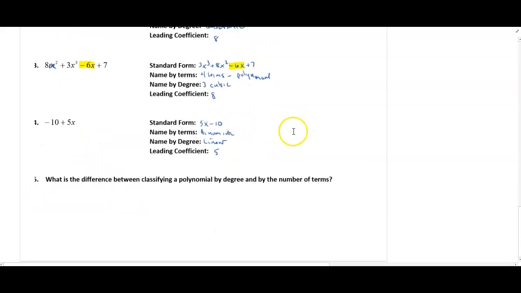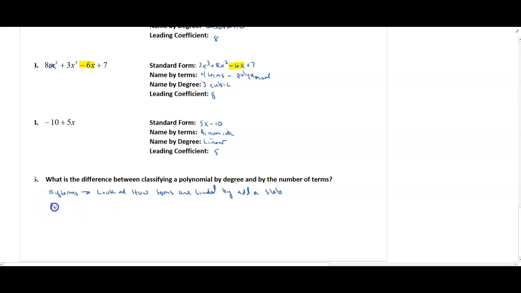Now, as we scroll down, what is the difference between classifying a polynomial by degree and classifying by the number of terms? When I look at the number of terms, I'm looking at how many terms are linked by addition or subtraction.